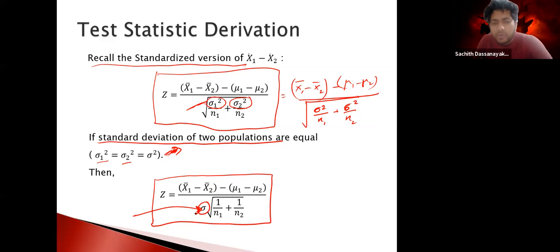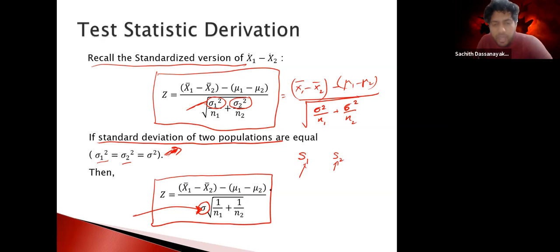We have to use the sample standard deviation instead of sigma. Yes, but the problem is we have two samples, with sample standard deviations S1 and S2. We cannot simply replace the sigma using S1 and S2.